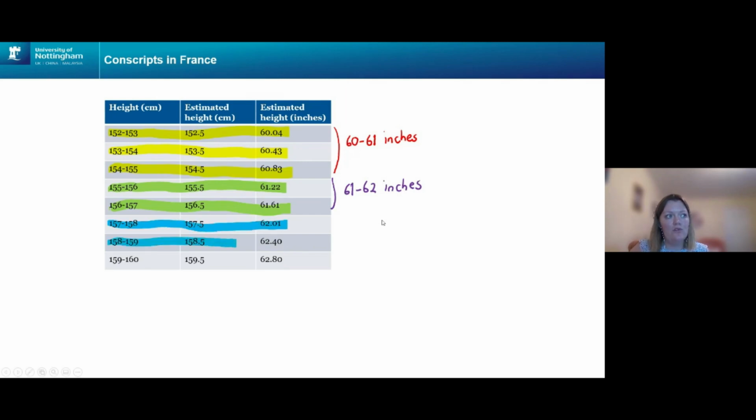And the ones from 157 to 160 centimetres would be classed as 62 to 63 inches. So the problem is that this category of 61 to 62 inches only has a range of 2 centimetres, whereas the others have a range of 3 centimetres. And this is why we get this dip in the histogram.